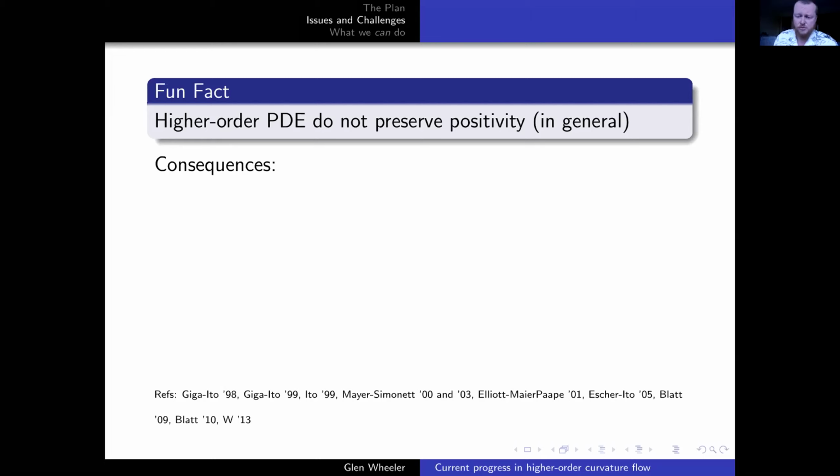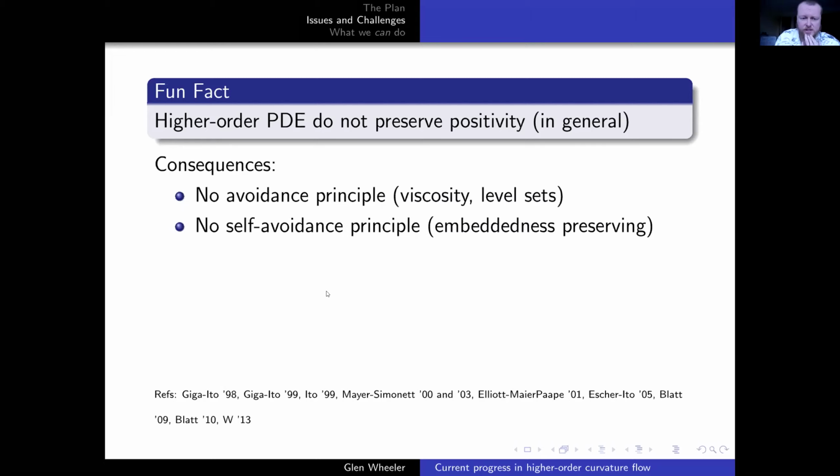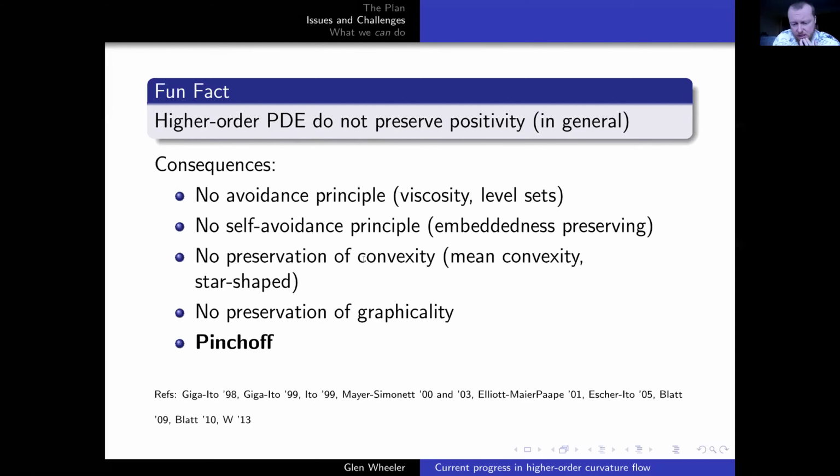These are things that are true. It was really, okay, and so I'm just going to reveal all of these. It was really explained in great generality in this paper down here by Simon Blatt, where he gave a very general class of higher order flows for which you don't have preservation of convexity and you don't have preservation of embeddedness.